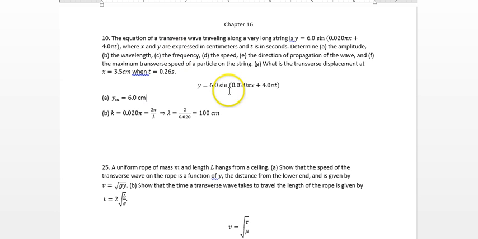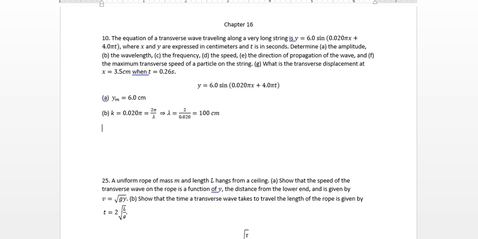Okay, the frequency. Frequency comes from the term that's the multiplier to the time. So we have omega, which is 4.0 pi, which is 2 times pi times the frequency.